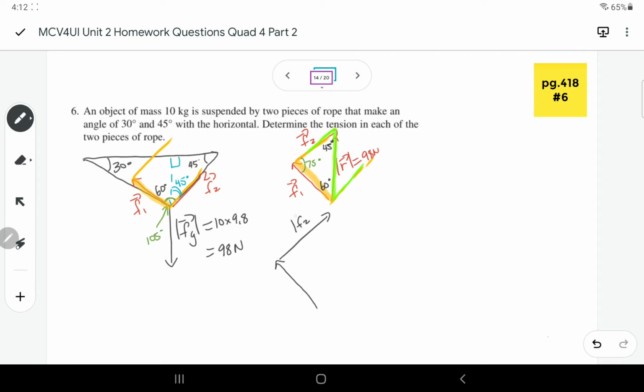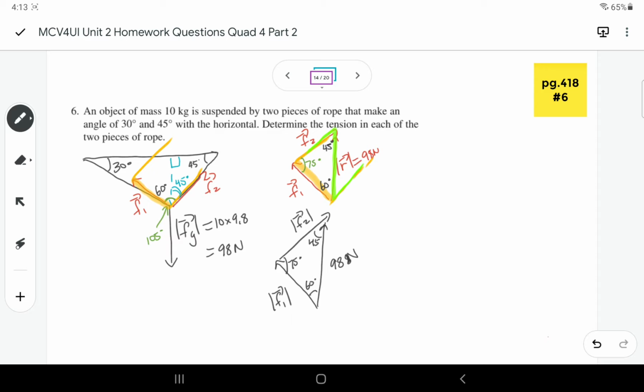So I've got the magnitude of F2, the magnitude of F1, I've got this resultant that's 98 newtons, and here I've got 75, 45, and 60 degrees. So once you have this triangle set up, then you're just going to do the sine law.